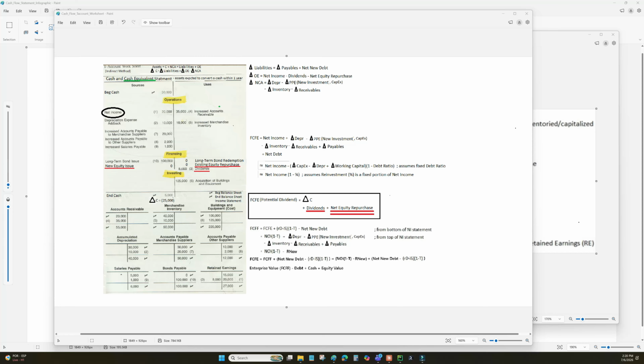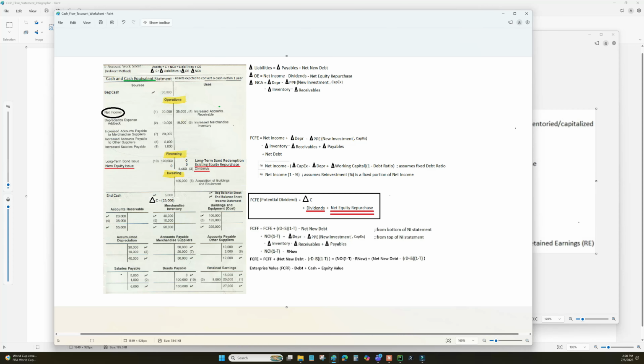The way this is laid out is that it breaks things up into sources and uses of cash, and the three main sections shown here vertically are operations, financing, and investing.